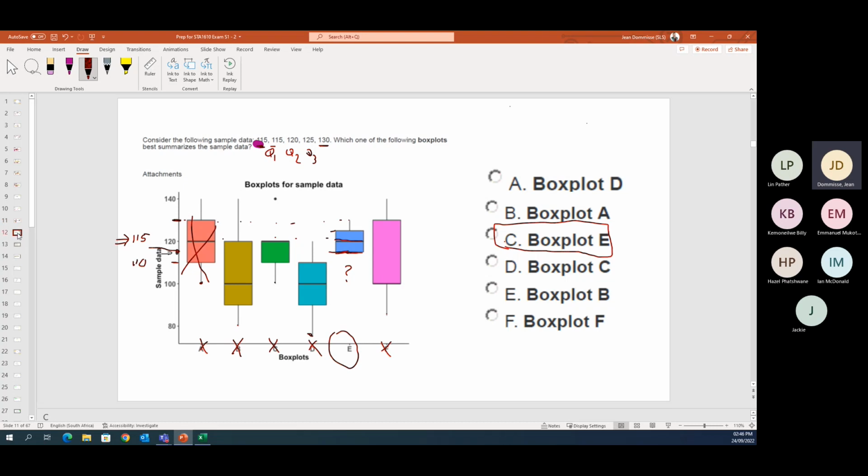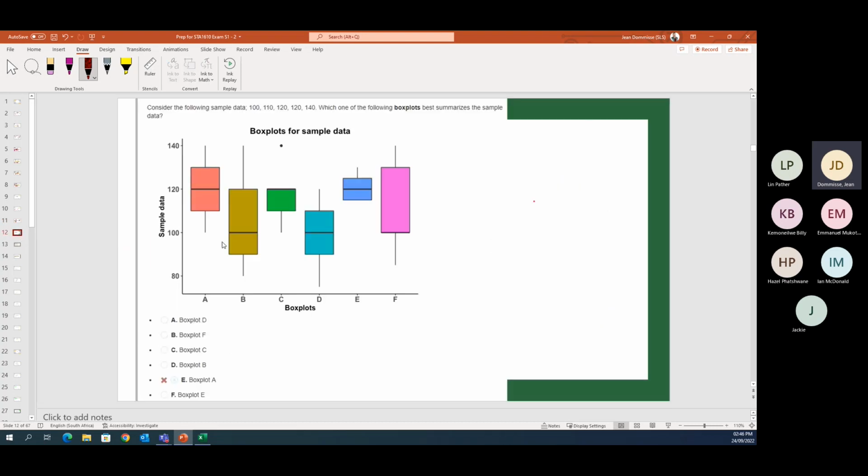It might be that I have another one. Yes. So again, another set of data, minimum 100, maximum 140.